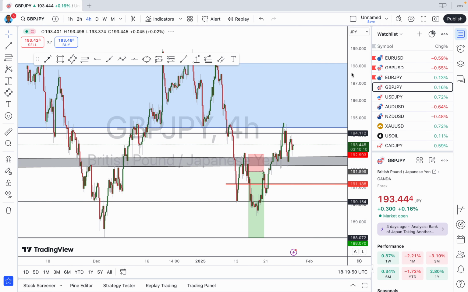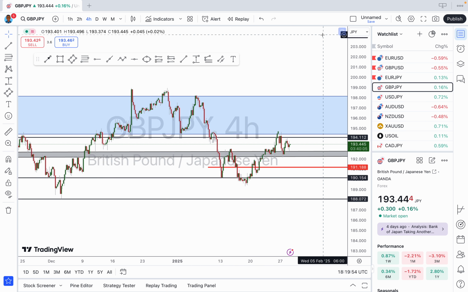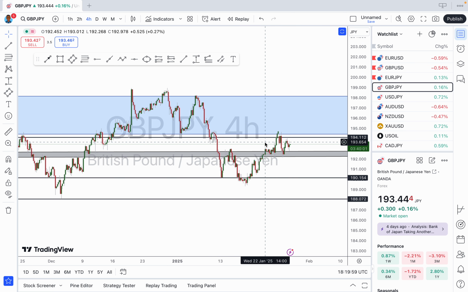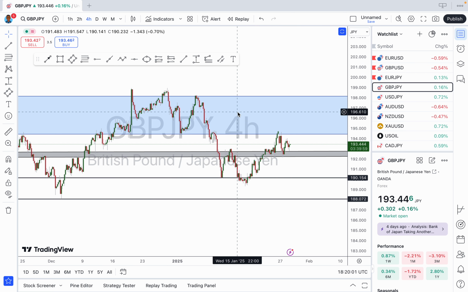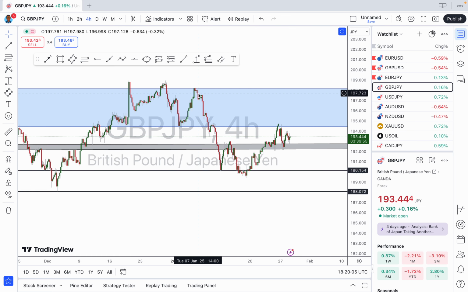GBPJPY, however, we can see if I delete. Let me delete this because I've explained. Delete this as well. Right, so we've seen this guy and then we've tanked, right?